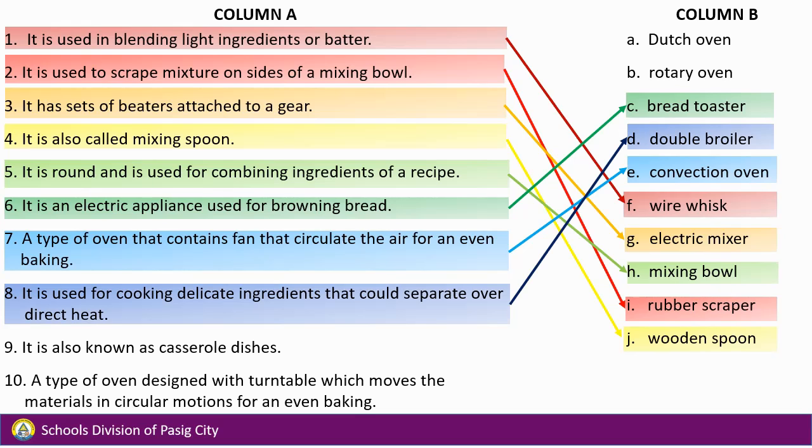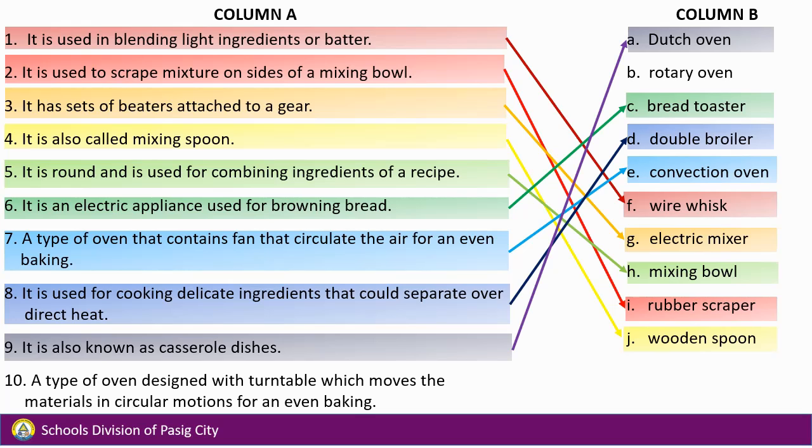D. Double boiler. 9. It is also known as casserole dishes. A. Dutch oven. And last, 10. A type of oven designed with turntable which moves the materials in circular motions for an even baking. It's letter B. Rotary oven.